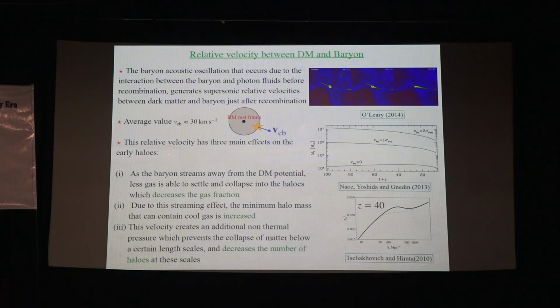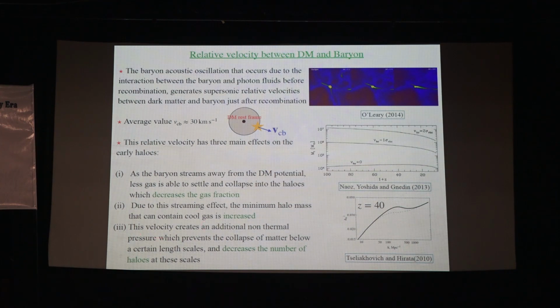It has broadly three effects on the early halos that formed early in the hierarchical structure formation scenario. As the baryons stream away from the dark matter potential, less gas is able to settle and collapse into the halos, which decreases the gas fraction. The second effect is that, due to streaming, the minimum halo mass that can contain cool gas is increased.